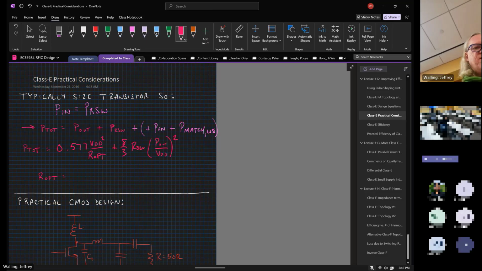And then we invert all of this, and we can show that R opt, in order to deliver a specific amount of power to the output. I realize what I did here. I don't want to include this because it's not affecting the output power. Only the loss in the matching network is.